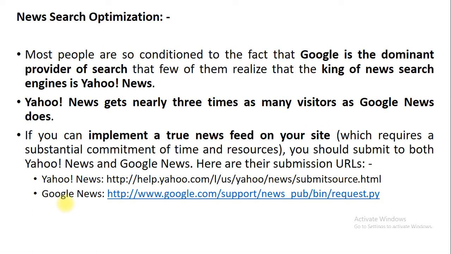But remember one thing, when there is a search about news, Yahoo is the dominant player, or we can call it the king. Yahoo News gets nearly 3 times as many visitors as Google News does. So when there is talk about news, Yahoo becomes the king, and we have 3 times more visitors on Yahoo News than on Google News.